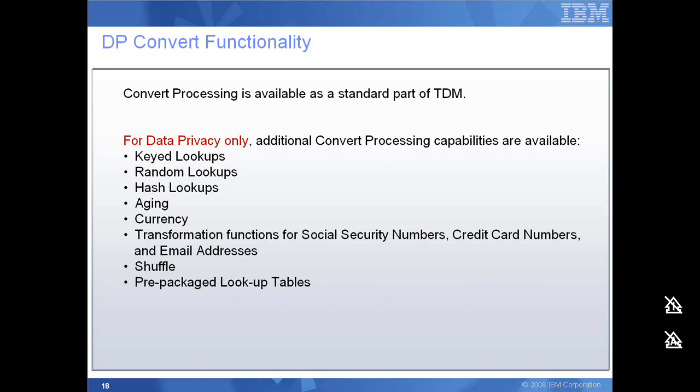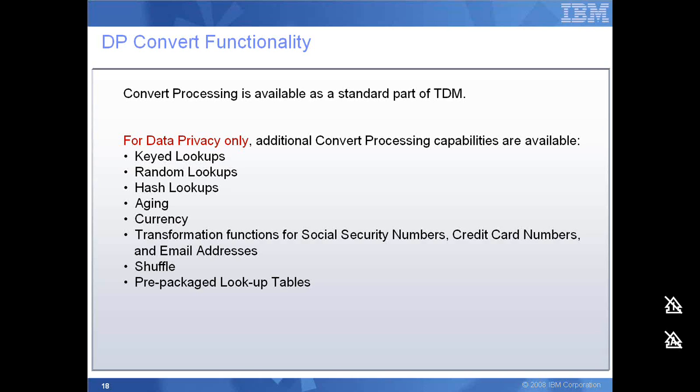Convert processing by default comes with a TDM implementation. Optim Test Data Management Solution is a separately licensed product, and Optim Data Privacy Solution is a separately licensed product. But certain features of data privacy come by default as part of a TDM solution.